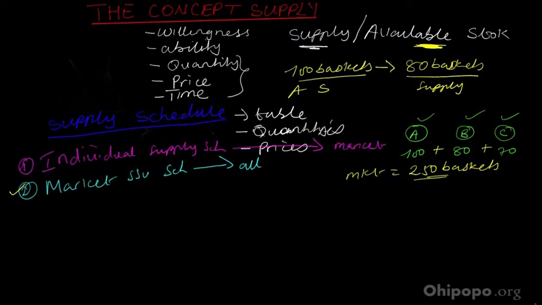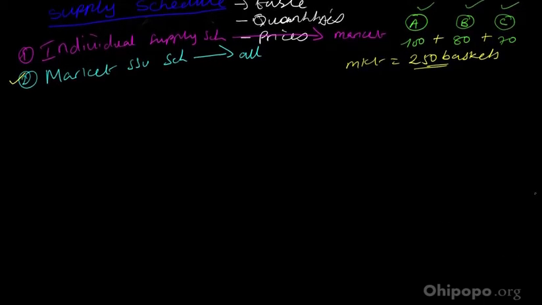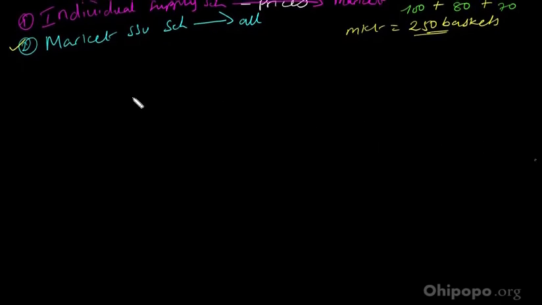Okay, now let's take an example. I'll take an example of a market supply schedule. Let's say the supply of gari in the Libre market for a day.